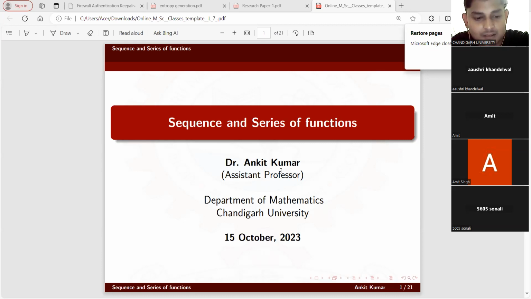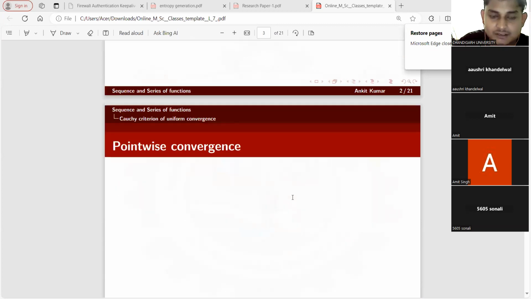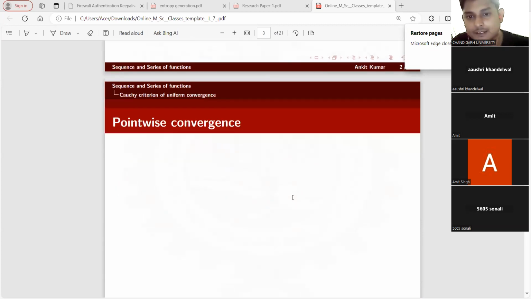Here we start from the very important concept of pointwise convergence. After that, we go through the continuity and differentiability of functions.